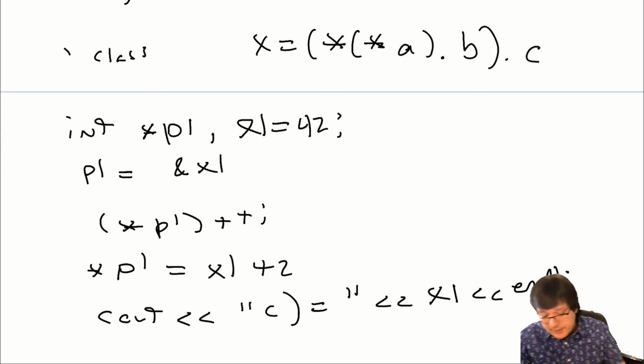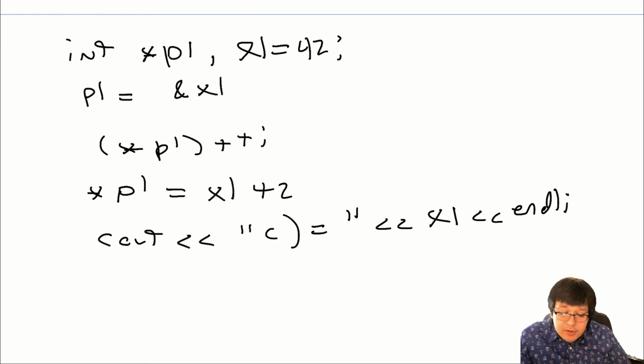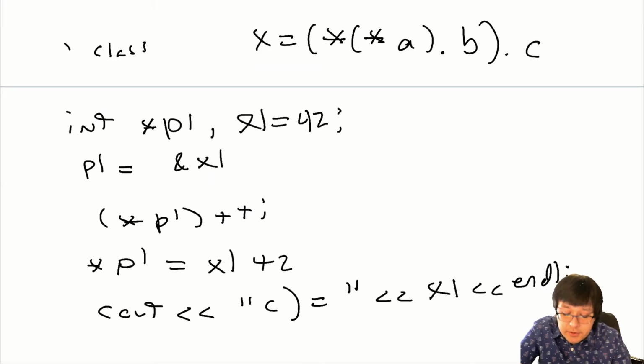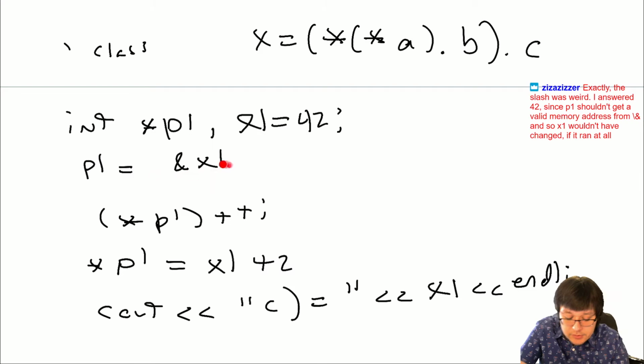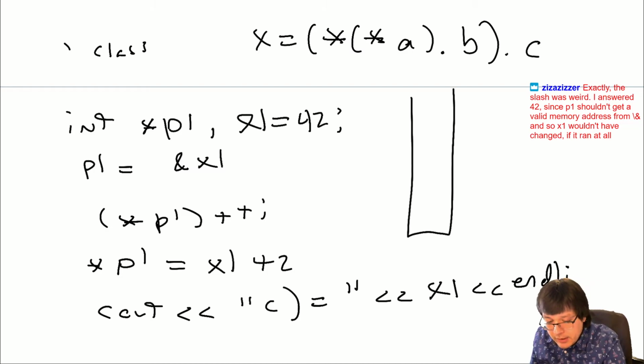So let's look at this one first, I suppose. We have a pointer and we have a variable, and the pointer is not initialized to anything. What we're doing here is making the pointer point to the variable, because the address-of operator gets us the address of where this variable lives. If we draw the little memory diagram, let's say this is address 0x100, in hexadecimal of course, and this is where 42 lives.